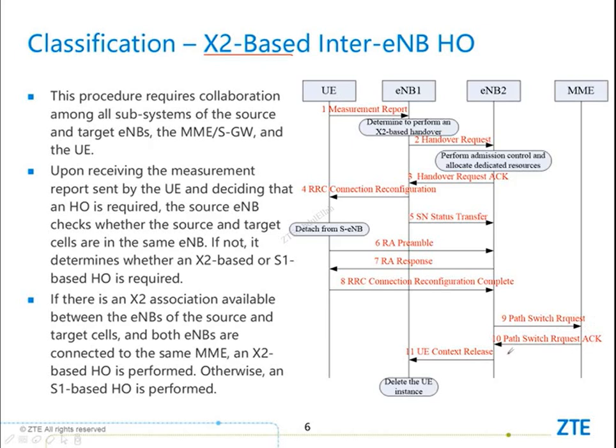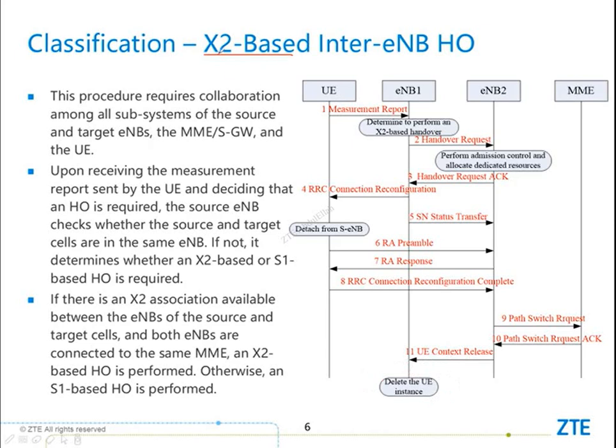Okay, after that, the eNodeB 2 will send a UE context release to eNodeB 1. That means now all the procedures of this handover are finished. So if the eNodeB 1 receives the context release, the eNodeB 1 will delete the UE instance. So the handover is finished.